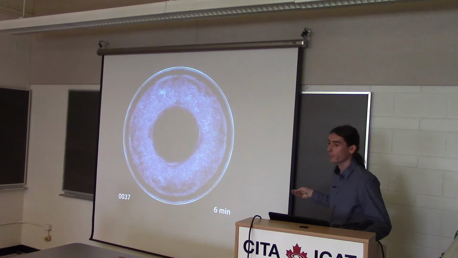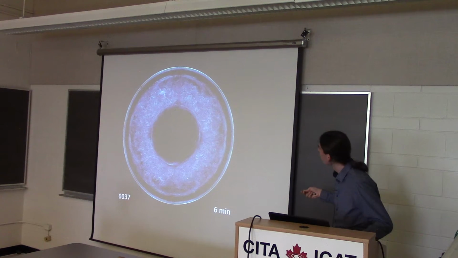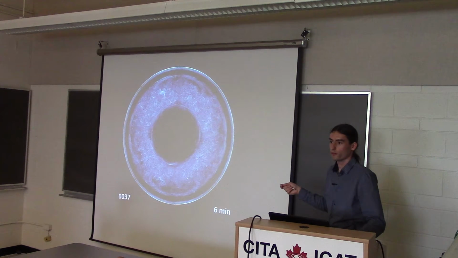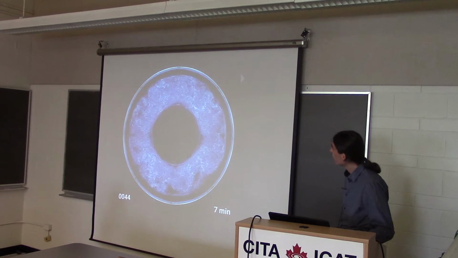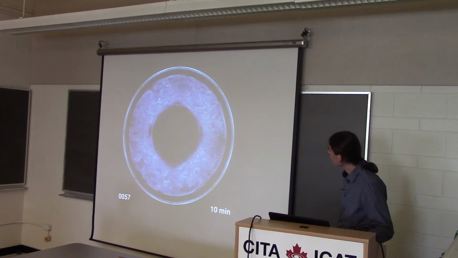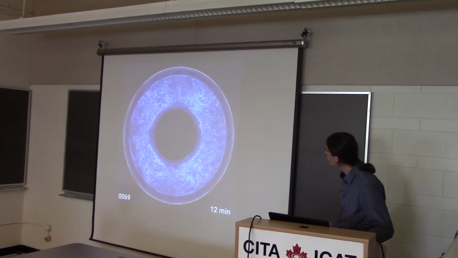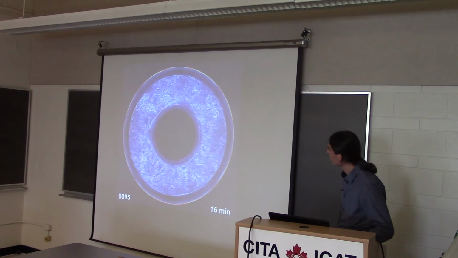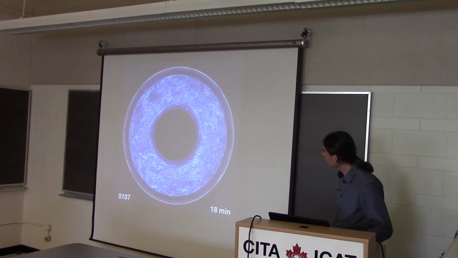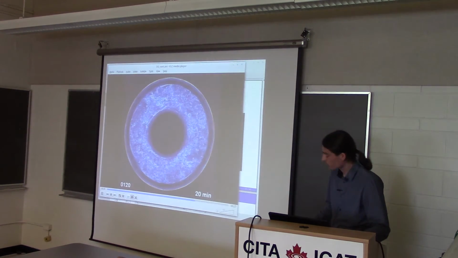This is a 1536 cubed. There are even some structures which cannot be seen in this movie. You need more resolution to show them. So it does this, and now it should change the color scale. So you can also see some waves here at the top. So this is what vorticity looks like.